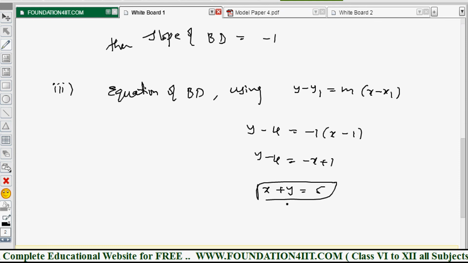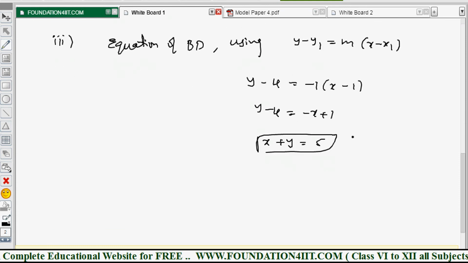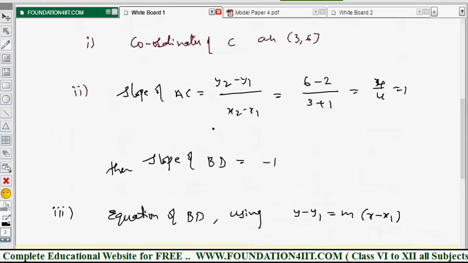Or you can write x plus y minus 5 is equal to 0. These both are the same.